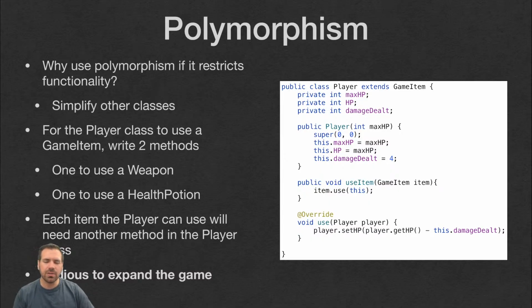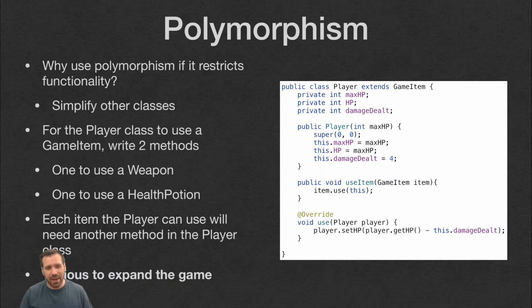But somewhere else in your code, there's some system that's calling those methods, and that system is going to need duplicates as well. Whatever your inventory management system is, that's going to have to call each use method and call the right one for whatever item is currently being used.